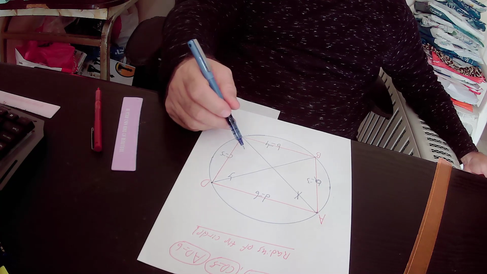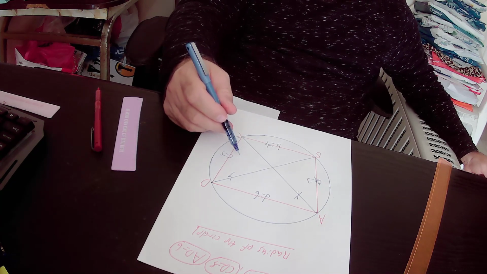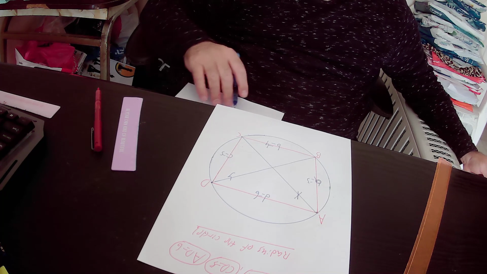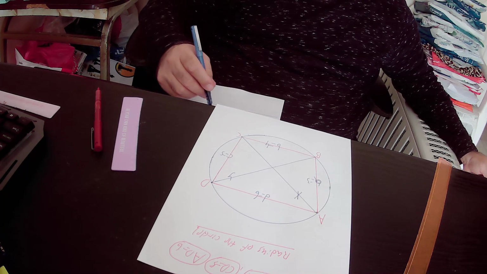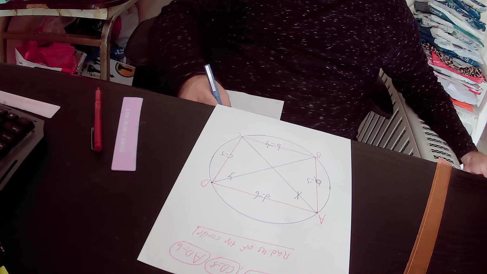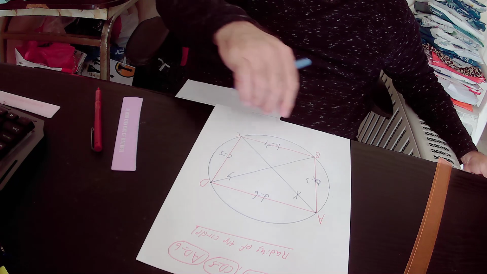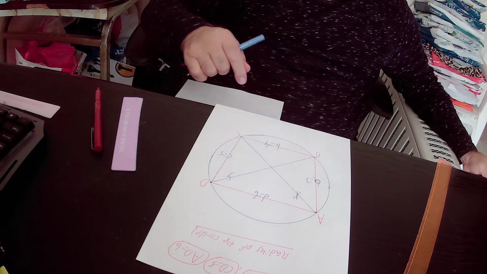Next we will focus on triangle BDC. Actually, this triangle BDC is inscribed by the blue circle.